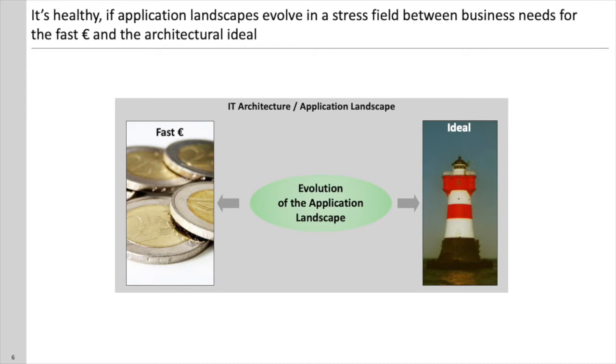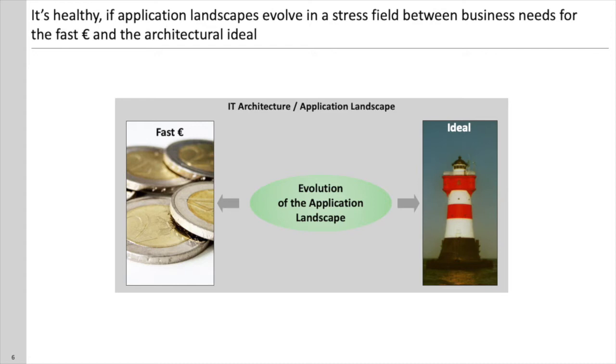That leads to the case from the IT point of view that there's always a need for operative business support. Business has new ideas about new products or enhanced products or advanced products, and IT must deliver. So there's a force to deliver according to these usually short-term business-oriented goals.